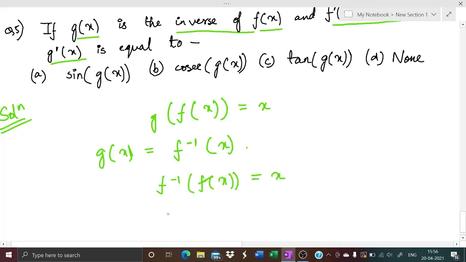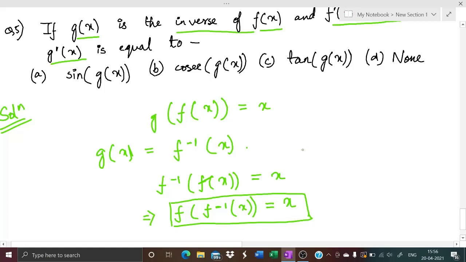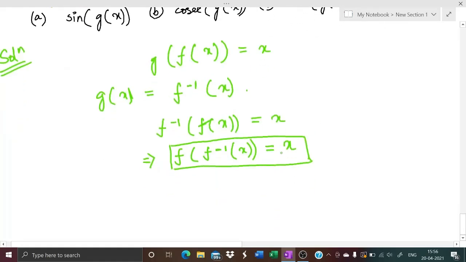Now if I do a bit of changes in this equation, then I can see that if I write f of f inverse x, that will also give me x, isn't it? f of f inverse x will also give me x.